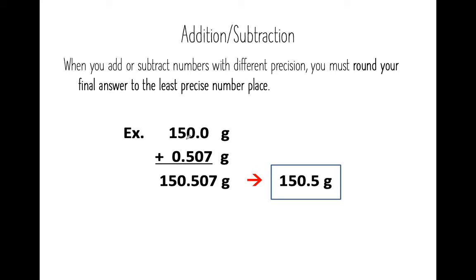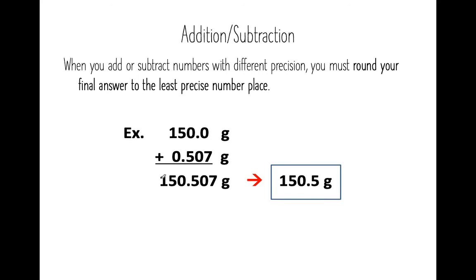And when you're adding or subtracting, what you have to look at is the decimal places in the question given. So here's an example. I'm adding 150.0 with 0.507. Now, if I were to do this, I'm going to add all of these numbers up, put it into my calculator. This is the answer that I'm going to get.